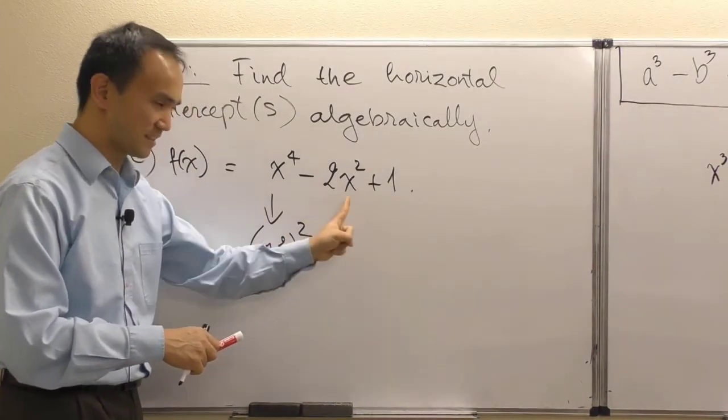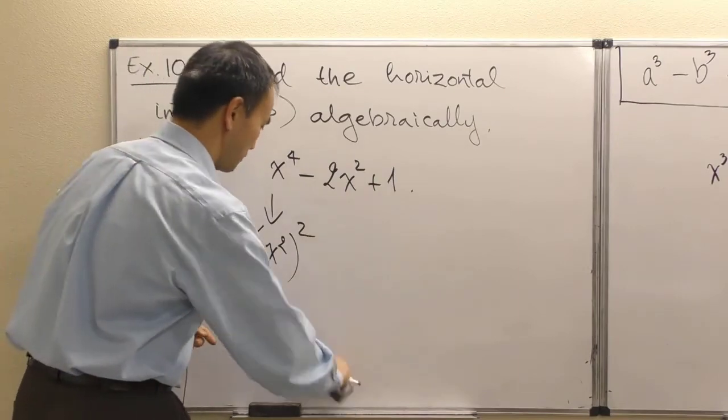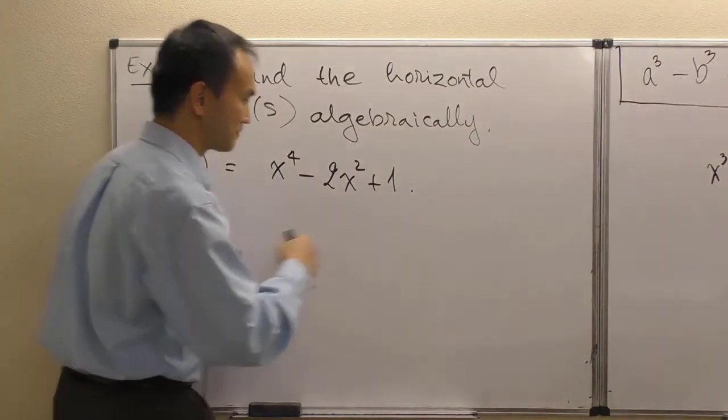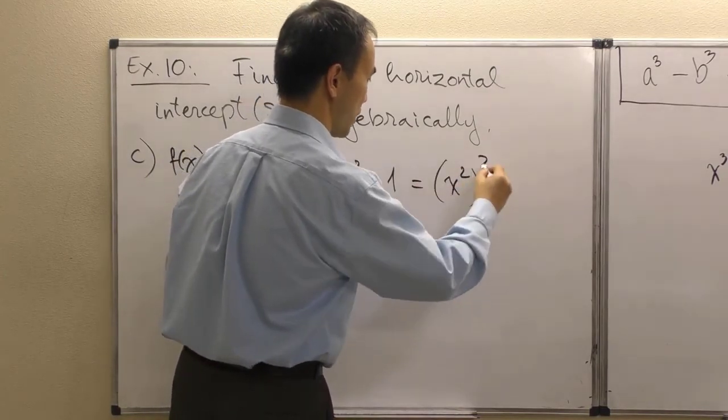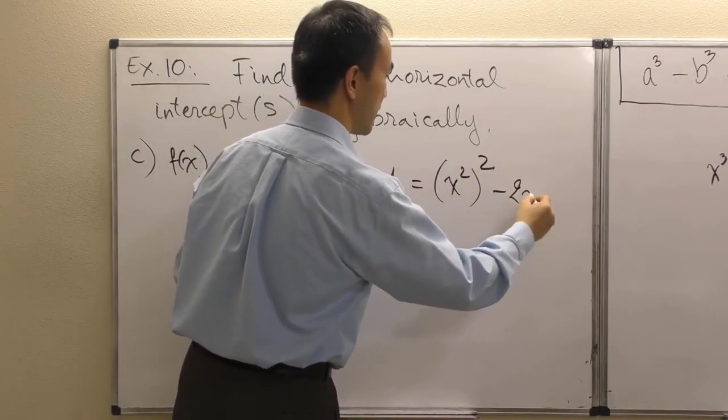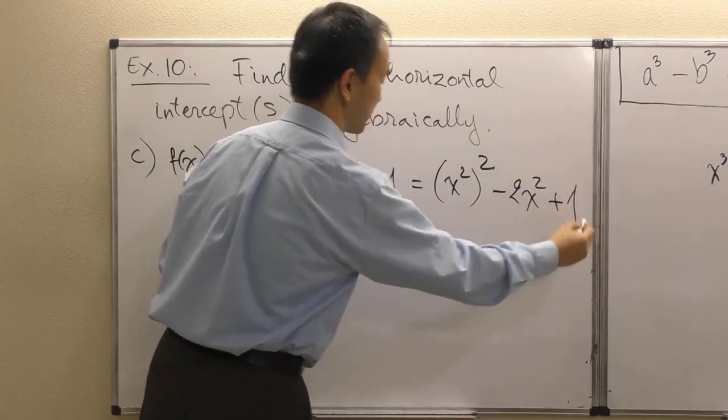There's this x squared and that's x squared. I'm going to write that as x squared, squared, minus 2x squared plus 1.